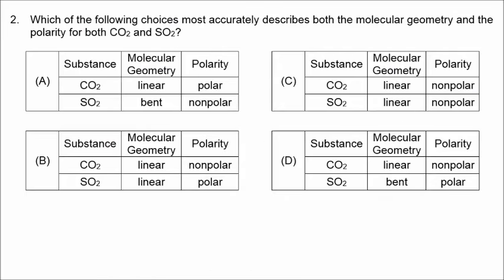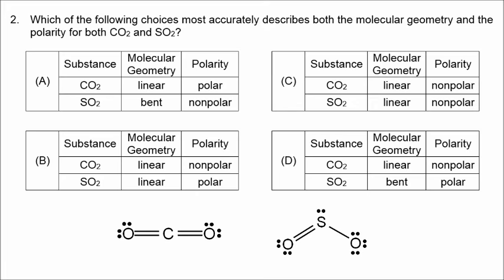In number 2, we have to decide the shape as well as the polarity for carbon dioxide, which you should know is a linear molecule, and sulfur dioxide, which, because of its extra lone pair on the central atom, is a bent molecule.